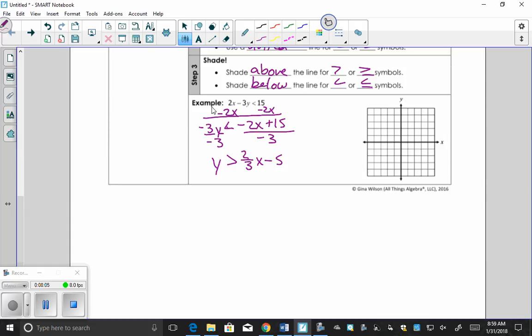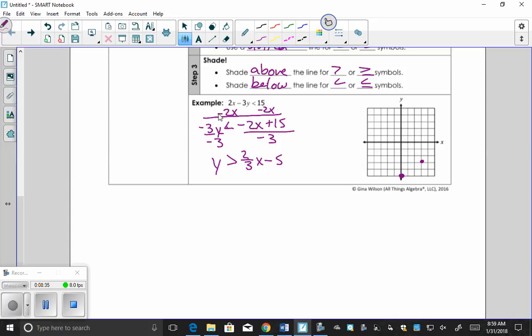Okay. From here, you just graph it like you know how to graph it. What's your y-intercept? Negative 5. So I'm going to put a point at negative 5. What's my slope? So I do what? Up 2, right 3. Okay. Look at step 2.